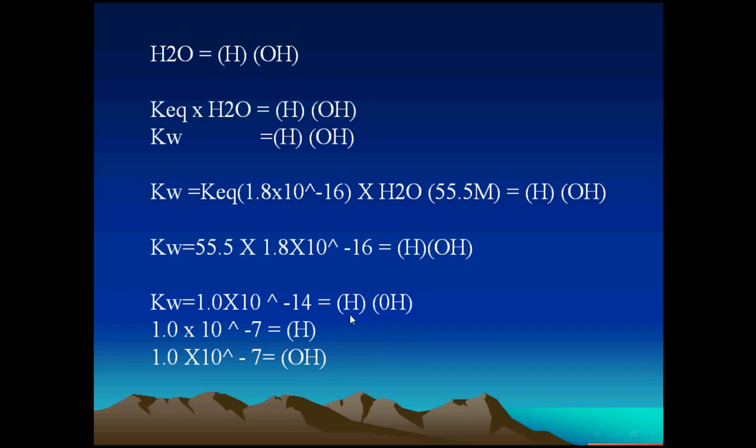And since the dissociation ratio is 1 to 1, half of this value will be for hydrogen and the second half for hydroxyl group. So the hydrogen ion concentration will be 1 multiplied by 10 raised to the power minus 7, and the same for hydroxyl anion.